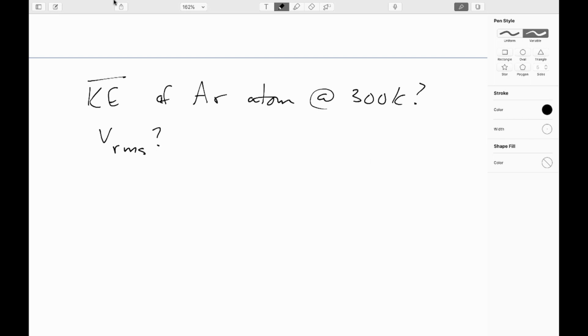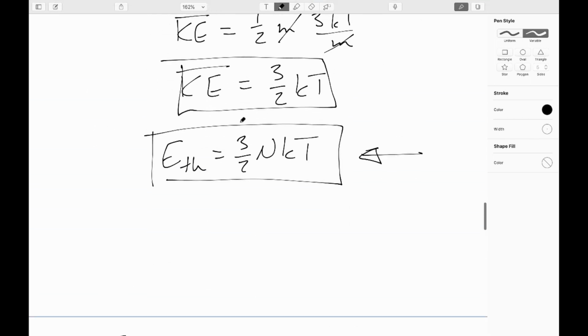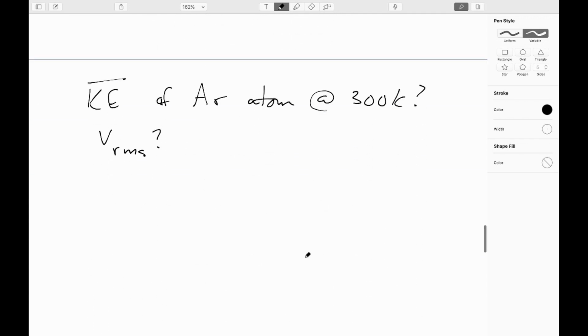Okay. Well, we remember that the average kinetic energy is 3/2 kT. So we'll just start there. It doesn't matter that it was argon, it could be anything.